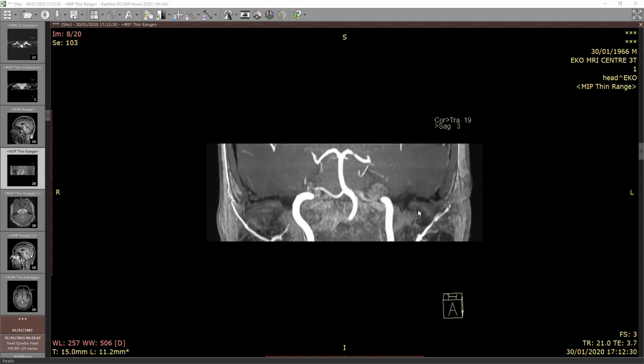But since someone asked for DWI, there is also something which goes hand in hand with the DWI, which is called the ADC map, or the apparent diffusion coefficient map. Again, it's studying the diffusion of the water molecules, but it is exactly reciprocal of a DWI image.